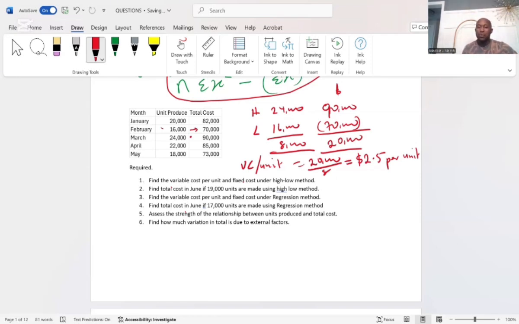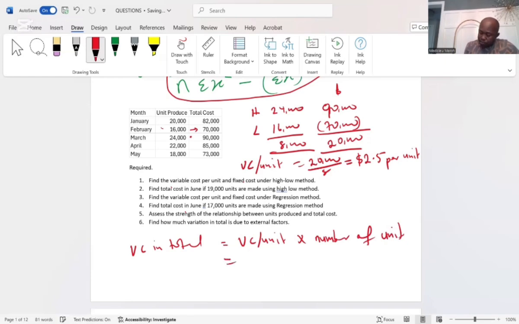Now we are asked to find the variable cost per unit and fixed cost under the high-low method. I need to get the fixed cost. Since I've got my variable cost per unit, we are still on requirement 1. The total variable cost is equal to variable cost per unit multiplied by number of units.